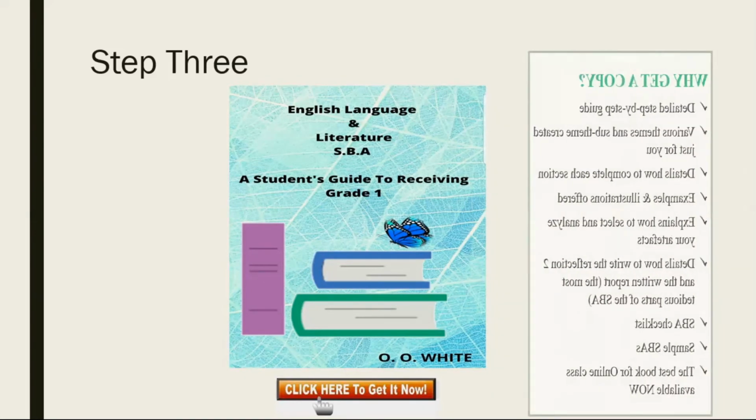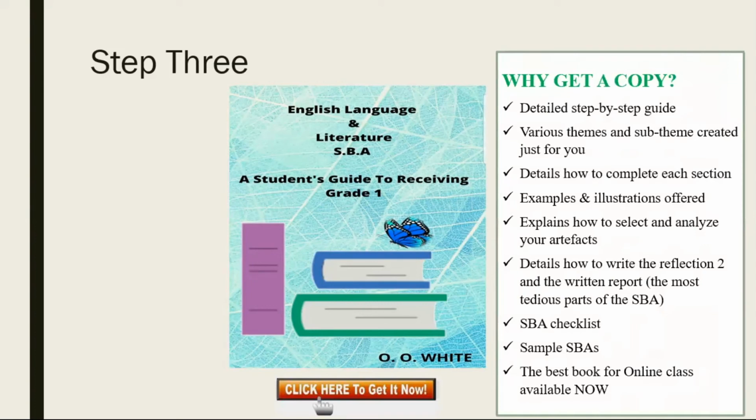Of course, I have your answers to that too. 1, it gives a detailed step-by-step guide. It gives a list and examples of all the themes mentioned earlier, plus others, and sub-themes that have been created for you. So fret not. All the themes that you can think about and all the sub-themes have already been created just for you. All you have to do is flip the page and pick one.